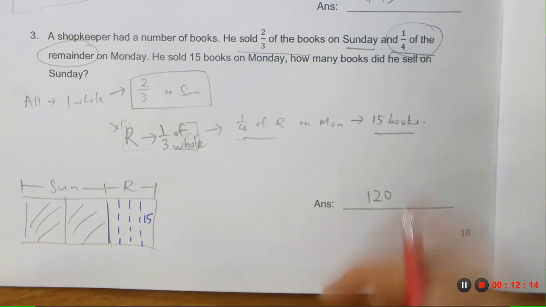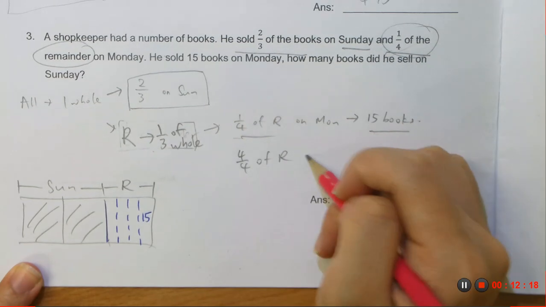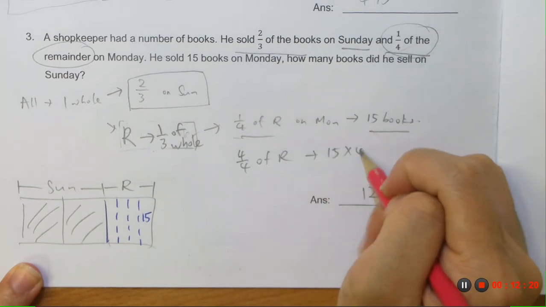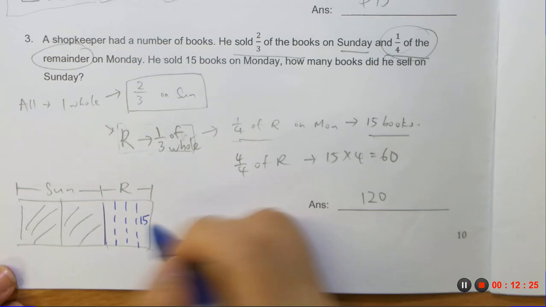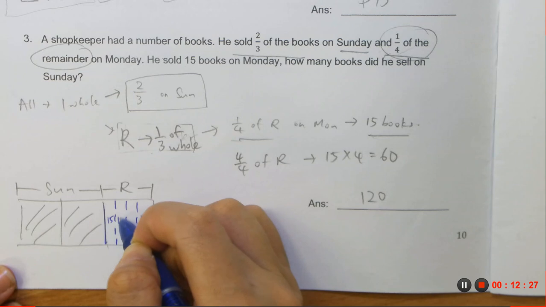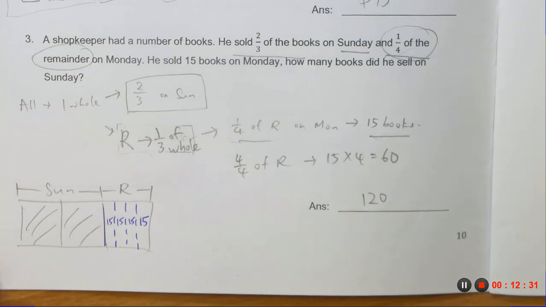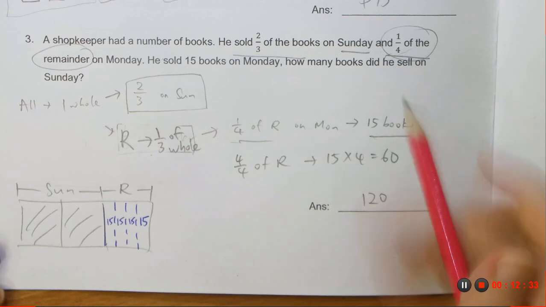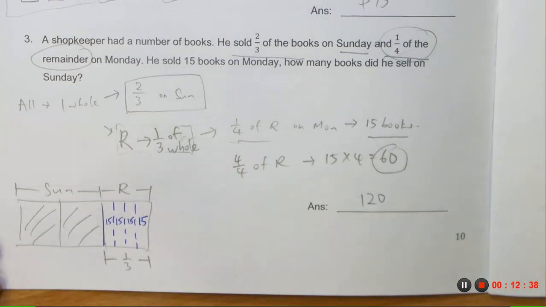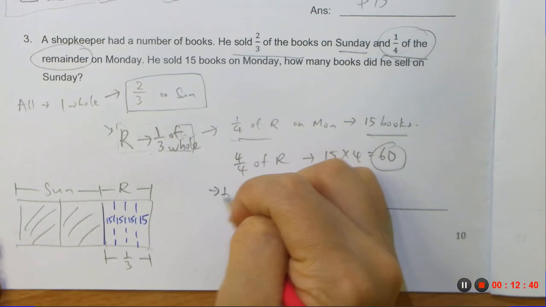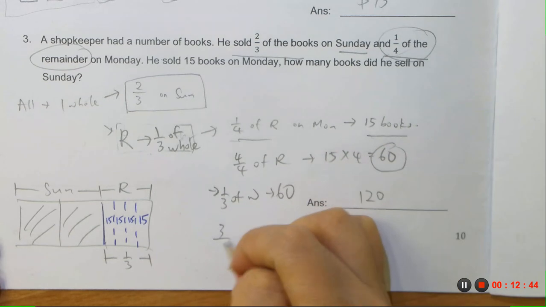If 1/4 is 15 books, 4/4 of the remainder will be 15 times 4, which will be 60. Which is the same as, I should draw it here, 15, 15, 15, 15. Yes, and this 60 is 1/3. So 1/3 of the whole is 60.